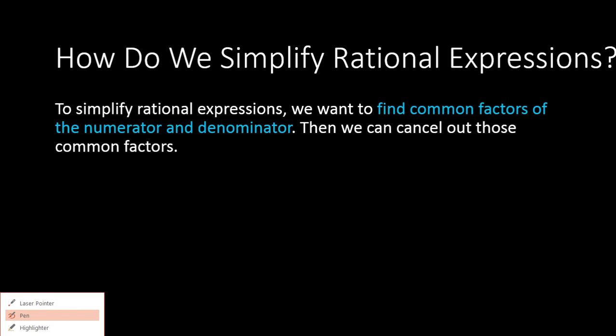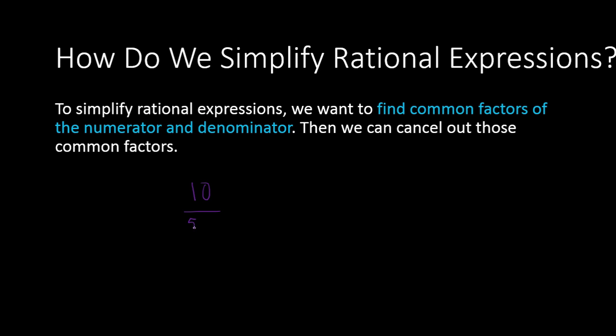For example, if I had 10 over 50, 10 as my numerator, 50 as my denominator, and I asked you to simplify it or reduce this fraction, you would know that because 50 is divisible by 10, I can split 50 into its factors 5 and 10.